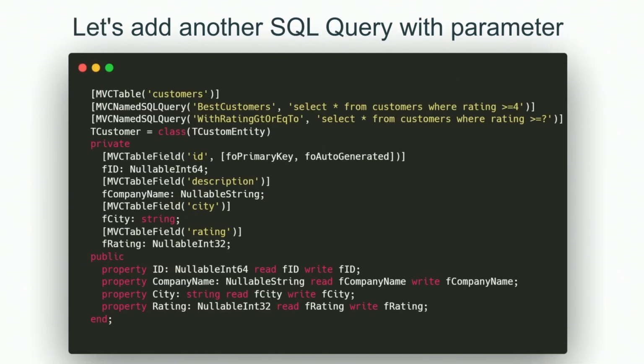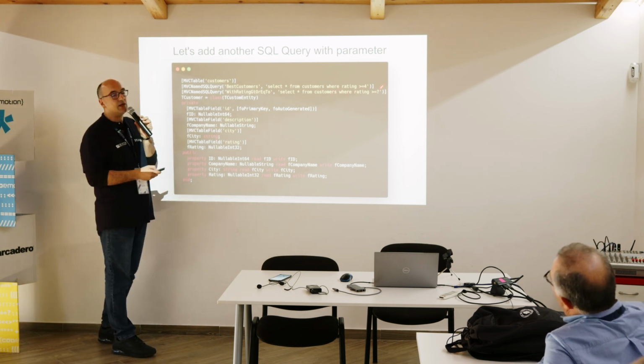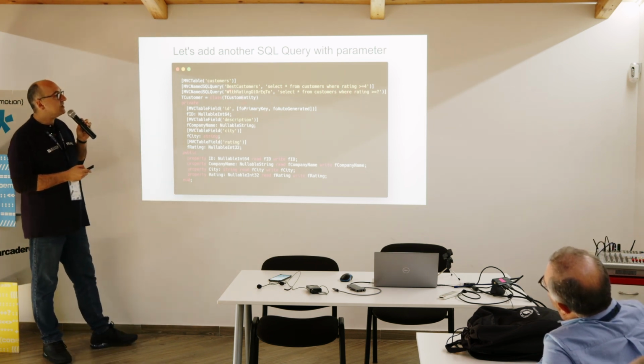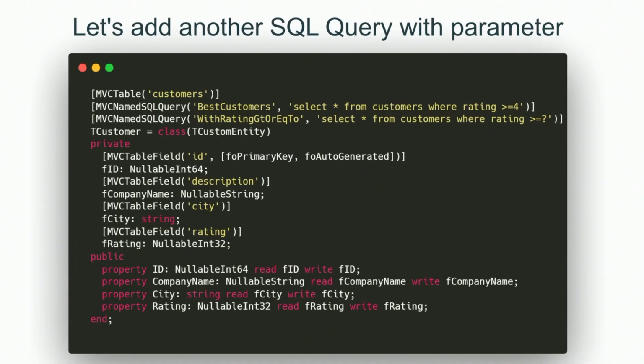What happens if I need parameters? Yes, we have that. In this case, we have BestCustomers, with rating greater or equal to 4. Select star from customer where rating greater or equal to an unnamed parameter.